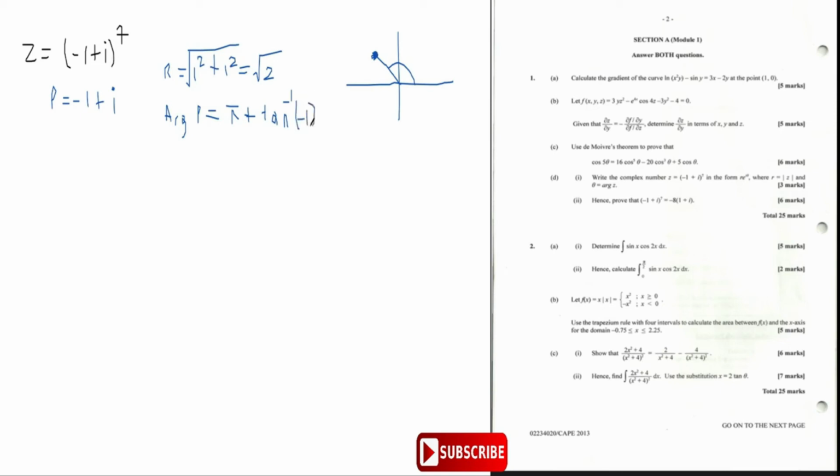Putting that in a calculator, tan inverse of minus 1 is minus pi by 4. And so the argument of P is pi minus pi by 4.